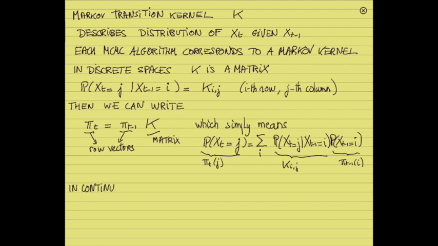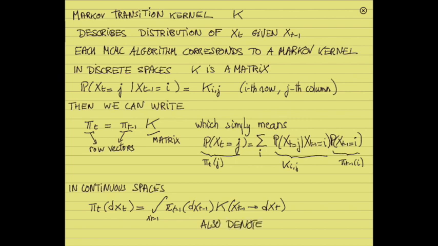In continuous spaces, you can use very similar notation, or even the same notation. Strictly speaking, this equality would mean that the probability pi t of dxt can be written as the integral of pi t minus 1 dxt minus 1 times the transition kernel describing the probability from xt minus 1 to dxt, and that's an integral over xt minus 1 over the entire state space.